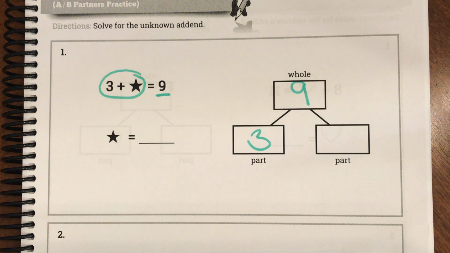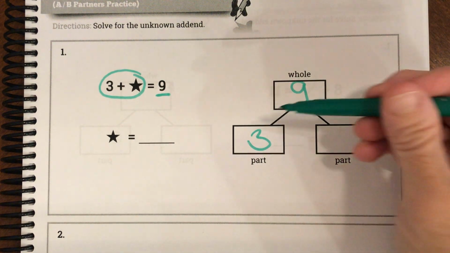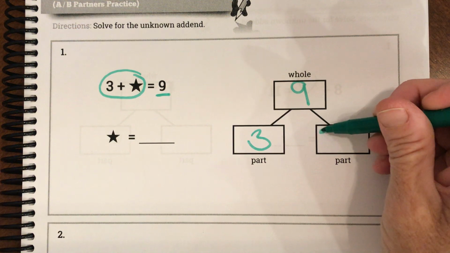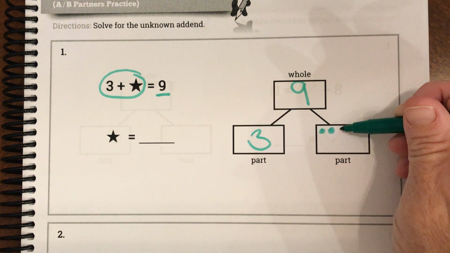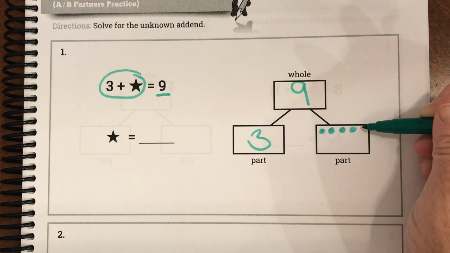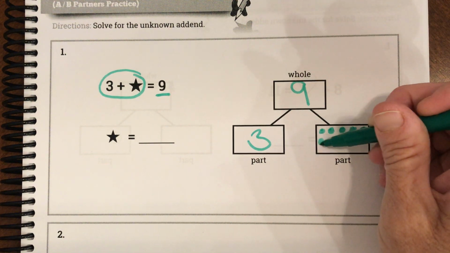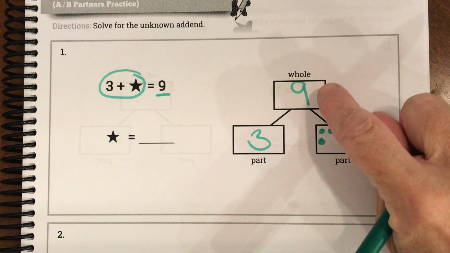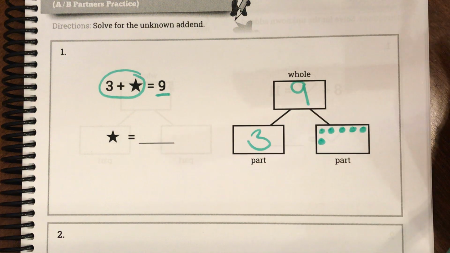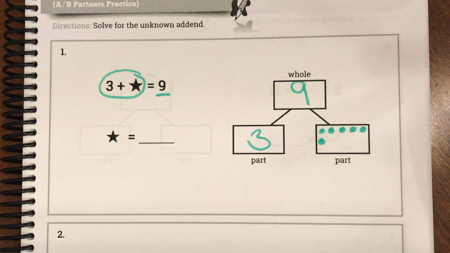Okay, so let's use our count-on strategy to see what our other part is. Okay, so ready? We have 3, 4, 5, 6, 7, 8, 9. So we got to 9, which is our whole or our sum. How many did we add there?